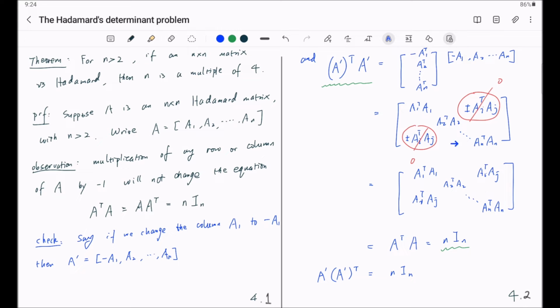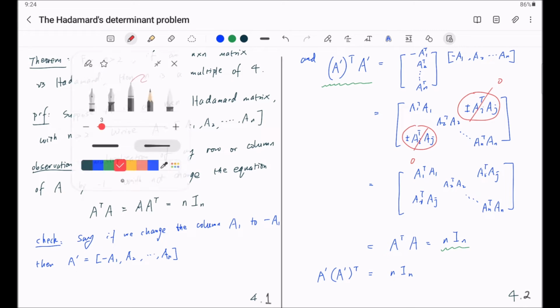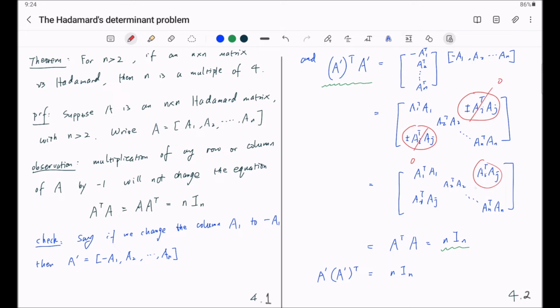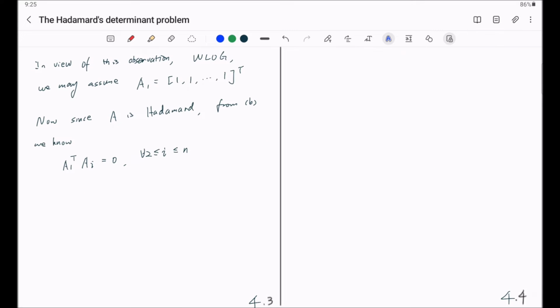You can also check it with our computation here. The off-diagonal entries are all equal to 0. So in particular, those n-1 entries are equal to 0. Good. But we have assumed that A1 has its entries all equal to 1.